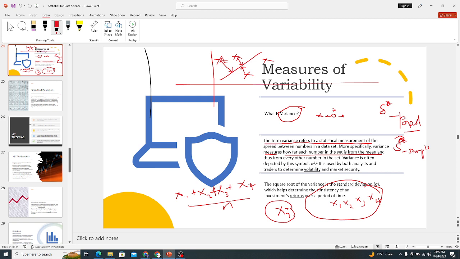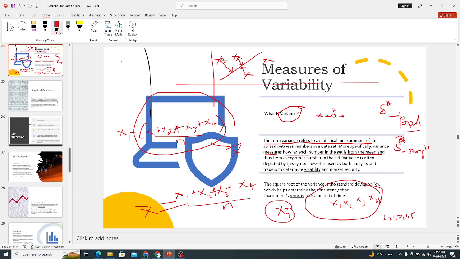These are our i's. In this case, i is equal to 1, 2, 3, 4, going up to n, our end value. When we compute this, we get what we call the mean, x bar. Now, the difference between each data point and the mean can be expressed as x1 minus x bar.